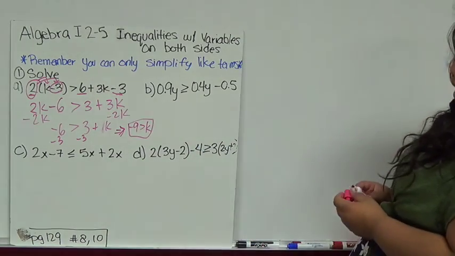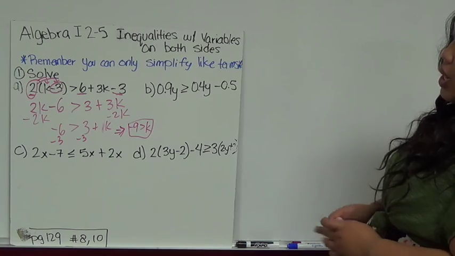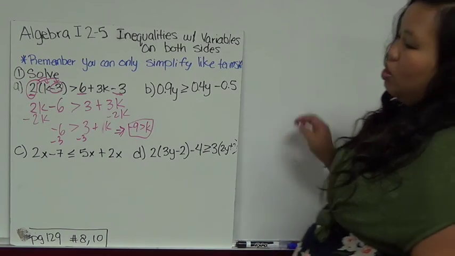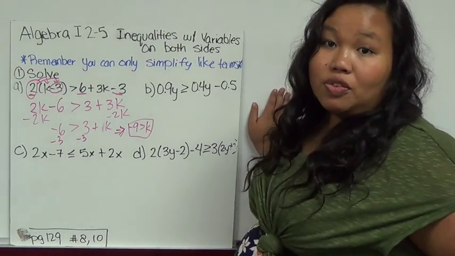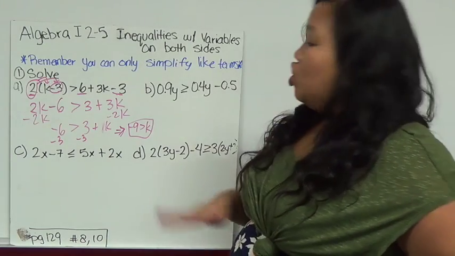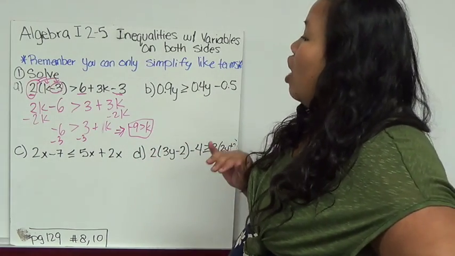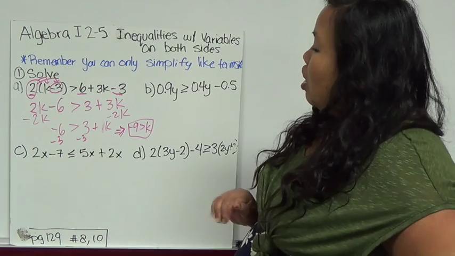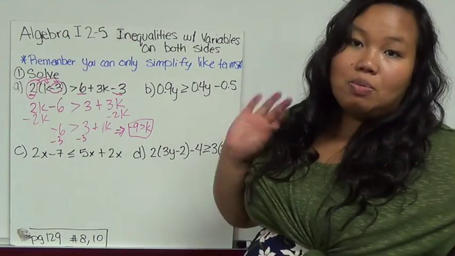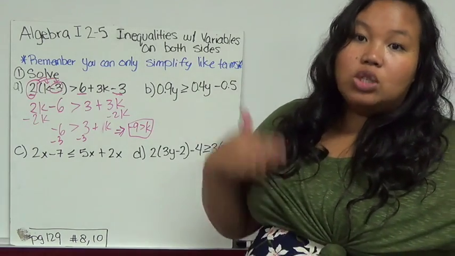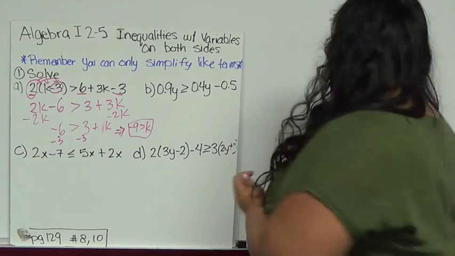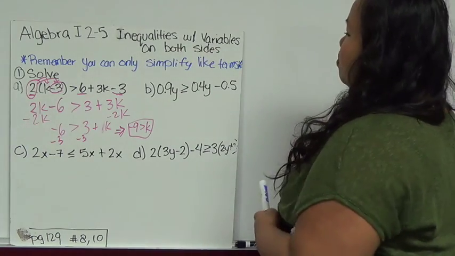Now, because of the rule that we talked about, multiplying and dividing by a negative number, you have to flip. It might be really safe for you just to go through it real quick: did I multiply or divide by a negative number? Should this be flipped? Because that's one of the biggest mistakes that happen, because you get so caught up in the rules that you're used to. So don't forget to check that.